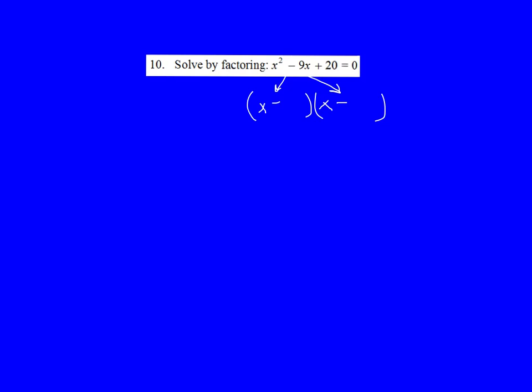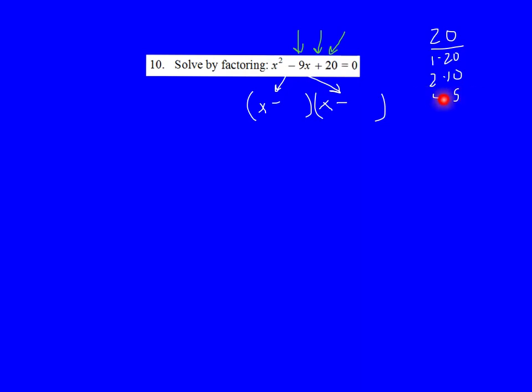And I'm looking for factors of 20 that will add to 9. Factors of 20 that will add to 9. So 20, that's 1 times 20, 2 times 10, 3 doesn't work, 4 times 5.